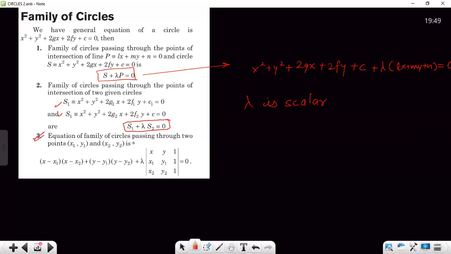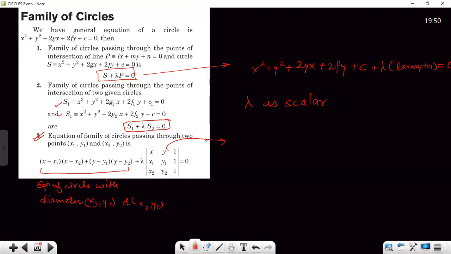The equation of the family of circles passing through any 2 points will be given by (x minus x1)... So this is basically the equation of a circle with diameter extreme points x1, y1 and x2, y2, plus lambda into the determinant of this, x1 by x, y1.